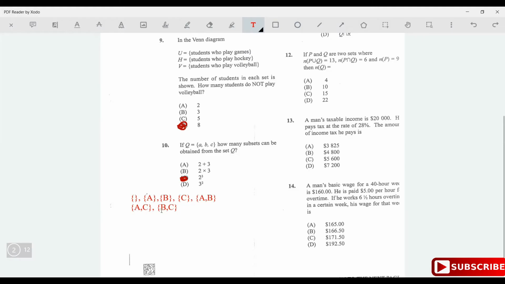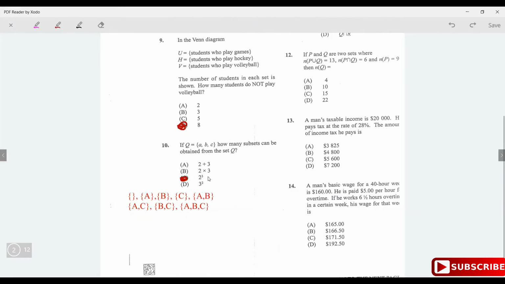Those are all the possibilities. When you add them up, you get 8, which is 2 cubed. So that's 8 subsets. Easy question, solved.